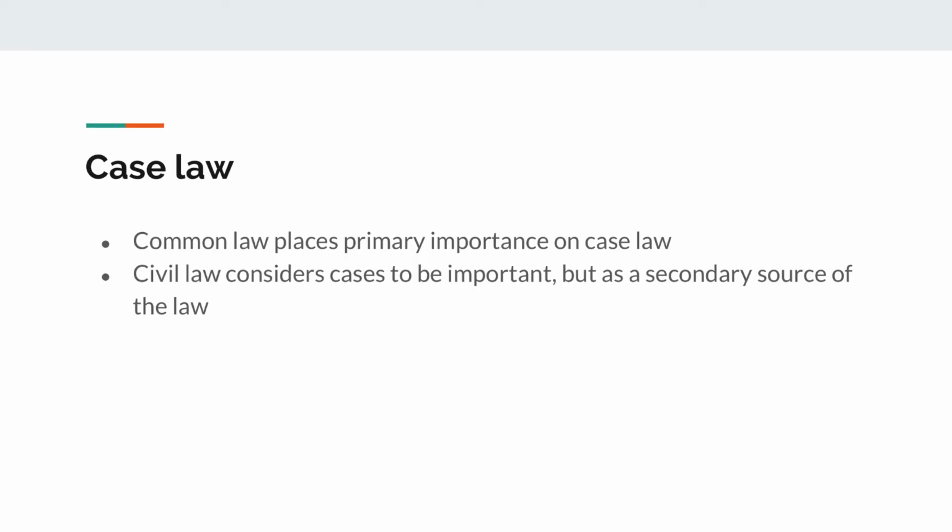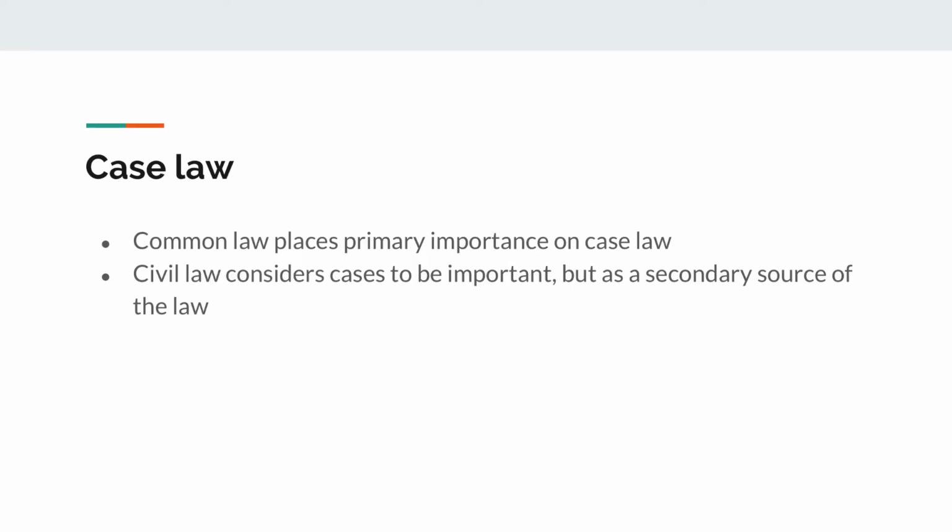Now, civil law today, people who practice civil law are aware of the lawmaking function of the judiciary, and while they will accord some persuasive authority to court decisions, the force of precedent is much weaker in the civil law than it is in the common law.